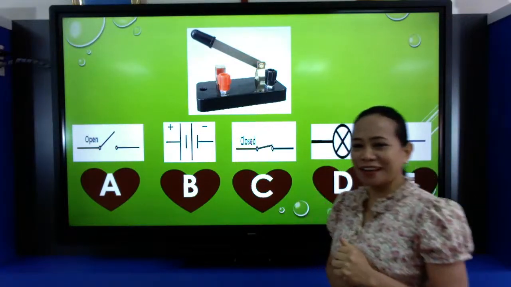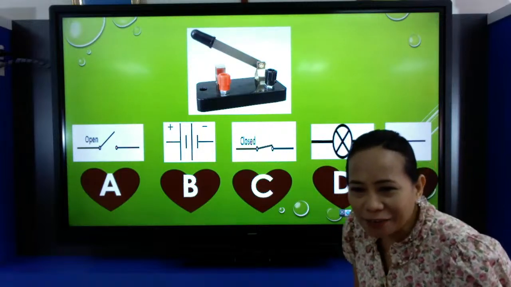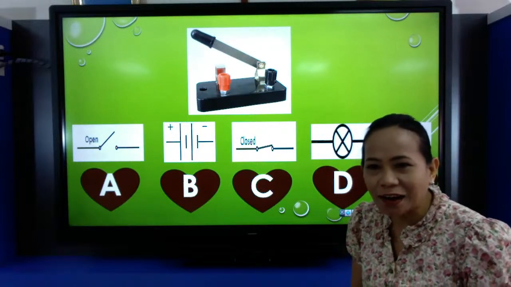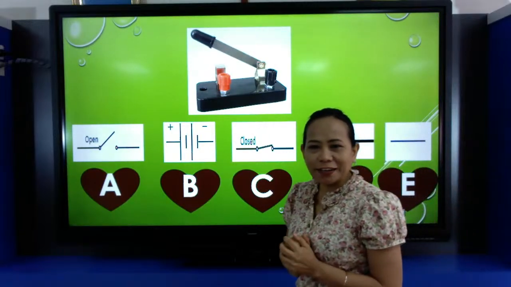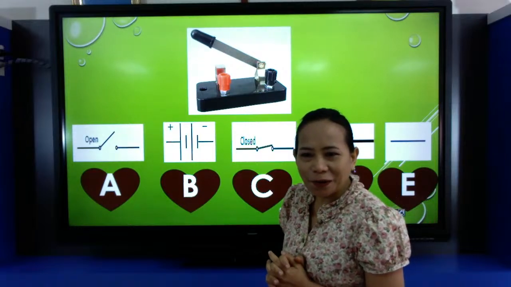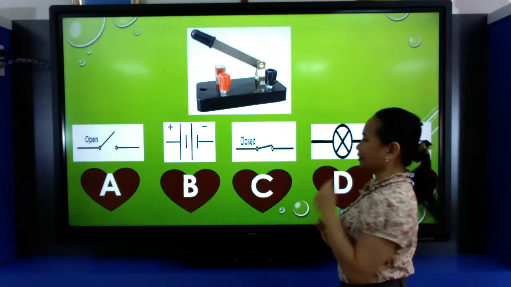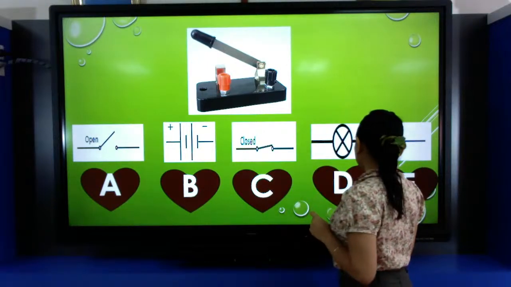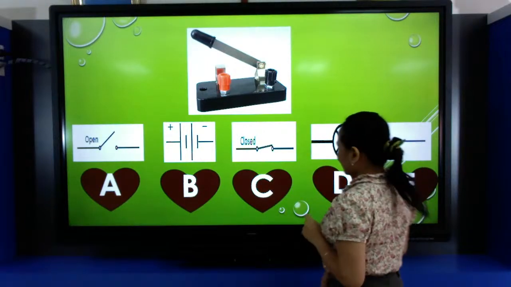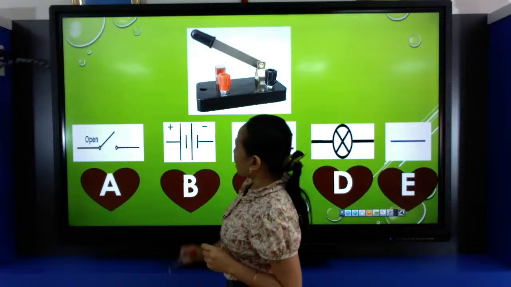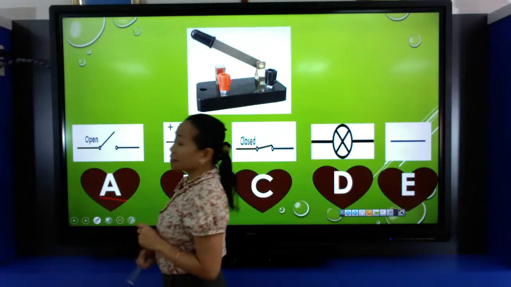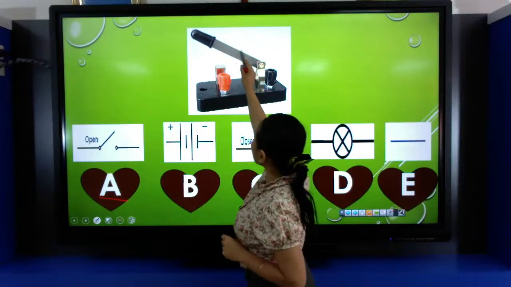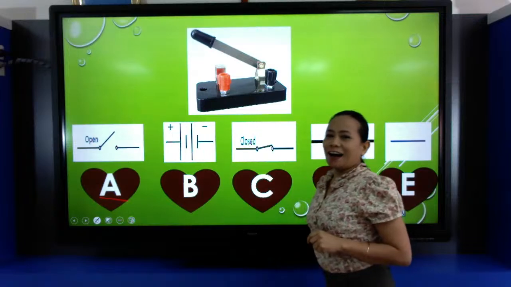Just comment the letter only. Okay, letter A. Very good. The correct answer is letter A. That is an open circuit. It's an open switch, right?